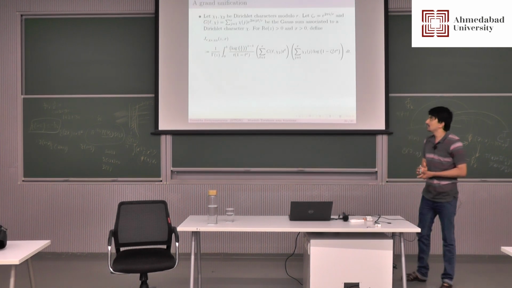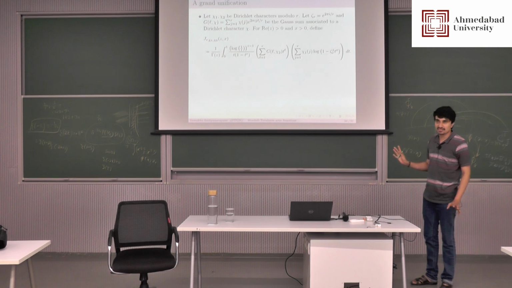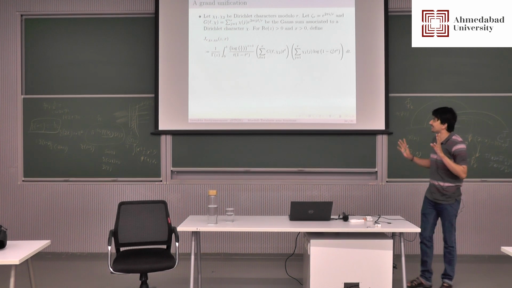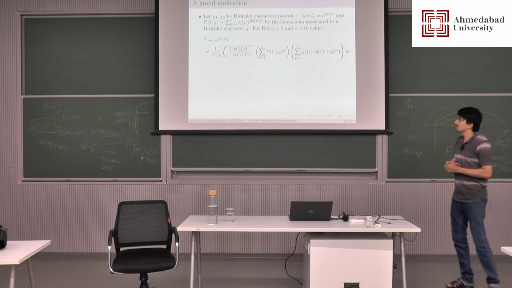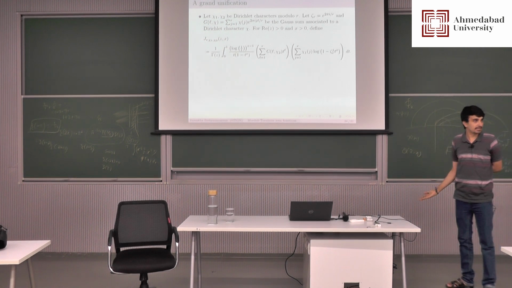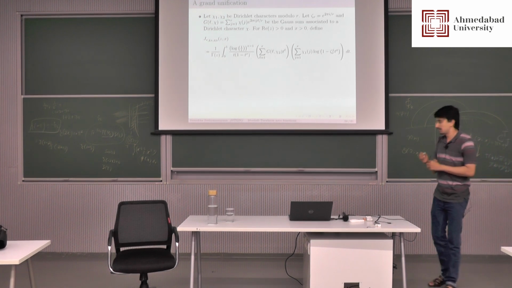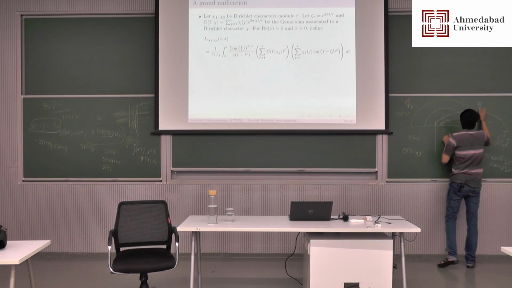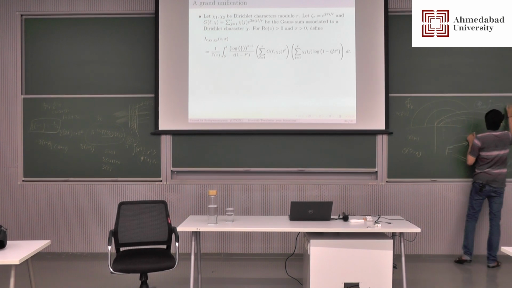We consider the integral j r chi1 chi2 z comma x. It may be looking scary in the beginning, but it's not, because characters chi1 chi2, you know characters, right? These are homomorphisms from Z by n Z star to C star.